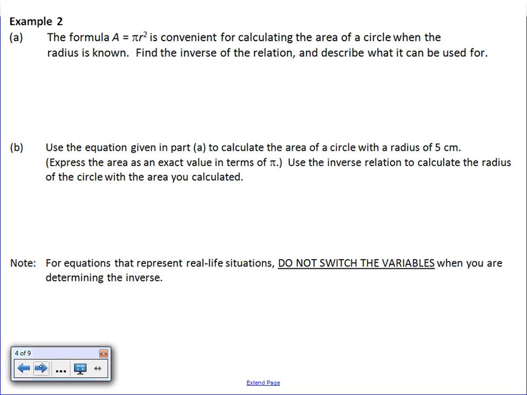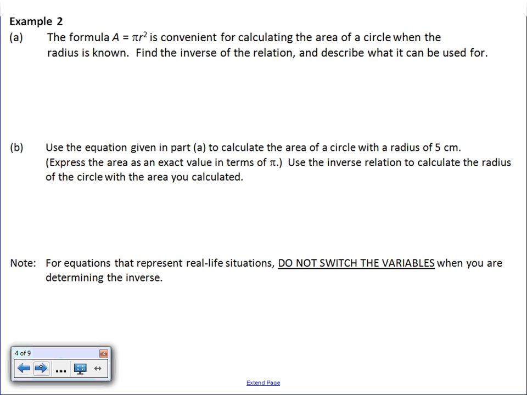When we just graphed the last question, there was not a context to the problem. But R means something, A means something. Don't switch them if they mean something, or else you're going to get your mind blown because you're going to be like, okay, now R, because it's the inverse, now means area. What? That's weird, right? So for real life problems, don't switch the variables, just isolate the other variable.